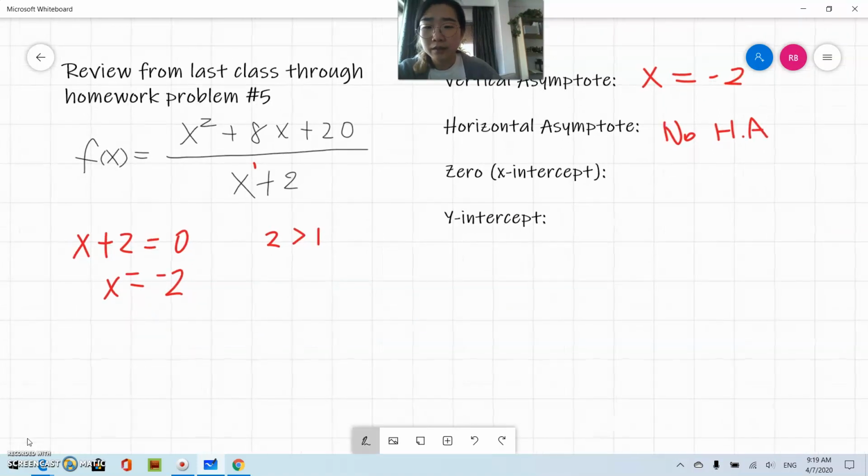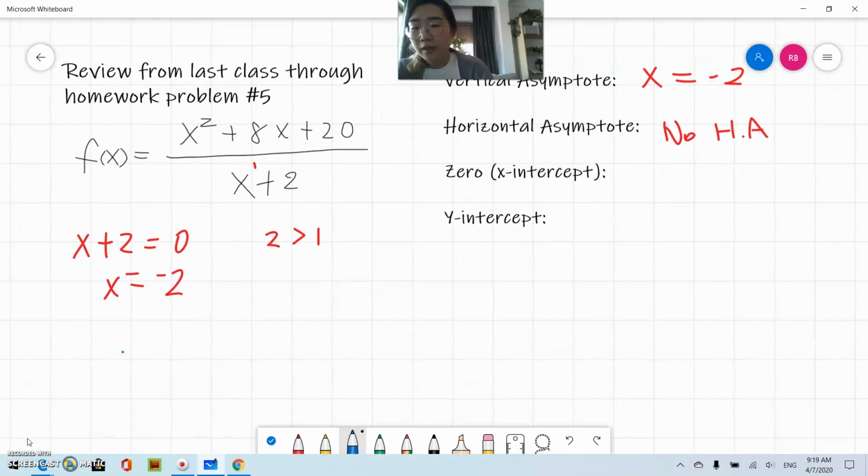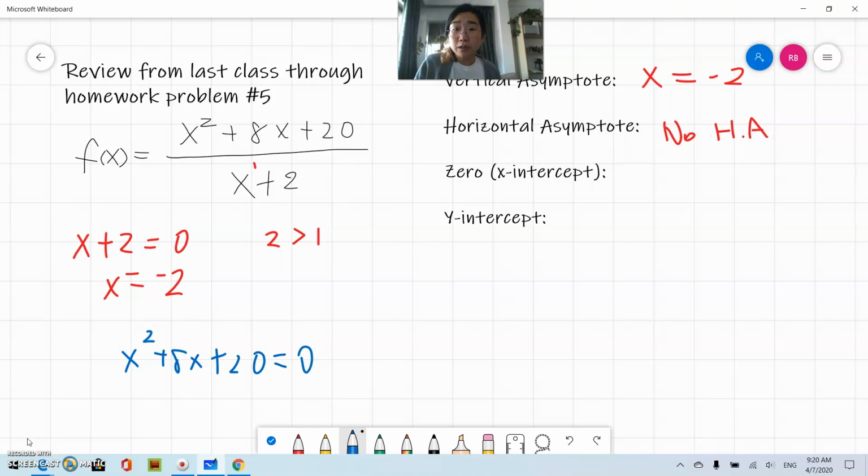So let me try that. x squared plus 8x plus 20 equal to 0. Usually when you see a trinomial with the power of 2, you will try to factor. But with this one, you might see that factoring might not come as easily. So then you have to remember the quadratic formula.